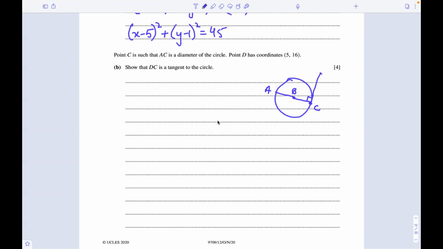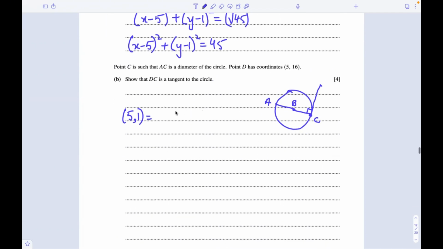So we can find the coordinates of C by using the midpoint formula. We know that the midpoint is (5, 1), the coordinates of B. The coordinates of A are given, which are (minus 1, minus 2). So we can write this as ((minus 1 plus x) upon 2, (minus 2 plus y) upon 2).